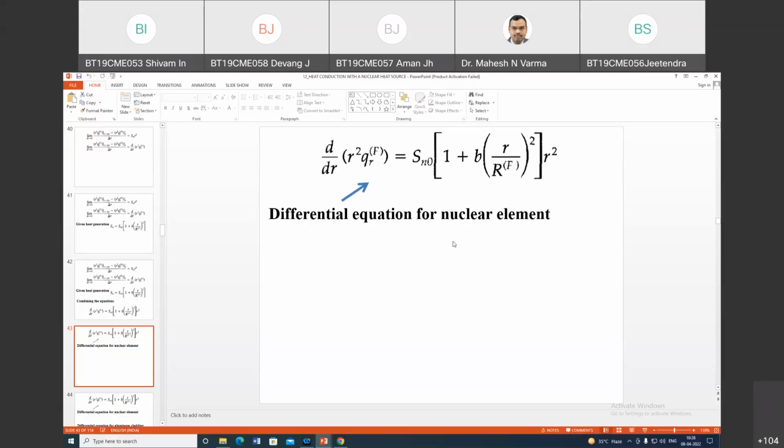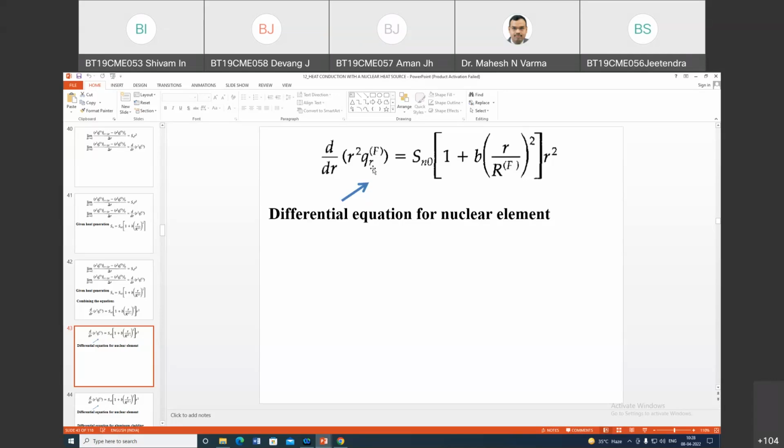Even though we are dealing with the first problem in the spherical coordinate system in mass transfer, there are many fundamentals similar to heat transfer and mass transfer. That is why we discussed the similarity between heat transfer, mass transfer and momentum transfer initially. Now, if you know that this q_r is similar to N_Ar in mass transfer, without thinking, we can write the differential equation, because all the steps will be similar.